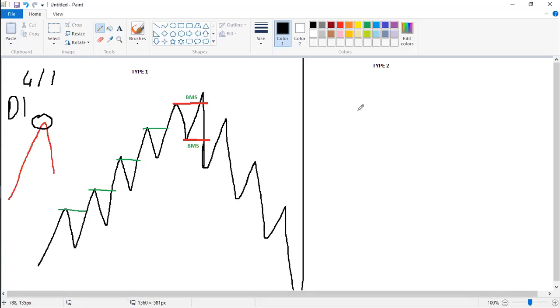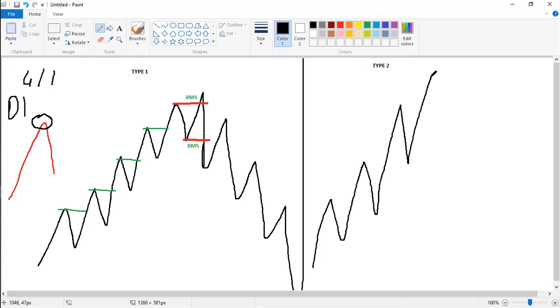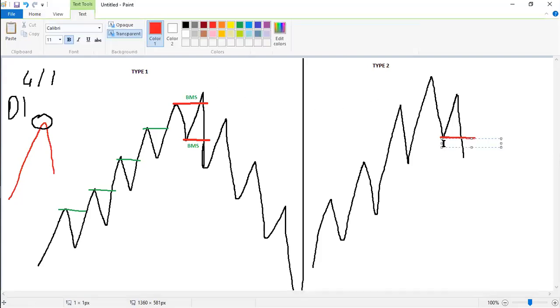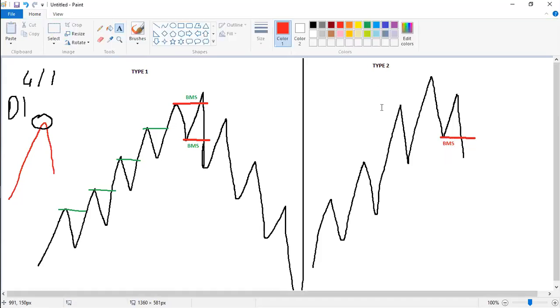That's our type 1. Type 2: higher high, higher low, higher high, higher low, higher high, higher low, higher high, higher low. No new high. There is no new high here. And then they break structure. So we only have one BMS on type 2, right there.